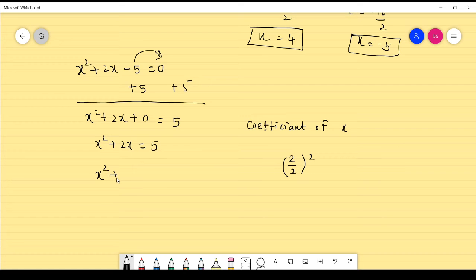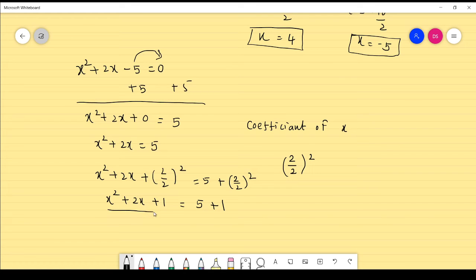Keep x square plus twice x as it is, and add that square term on both sides of the equation. So 2 by 2 is 1, and its square is 1. I'm going to write that again: x square plus twice x plus 1 square, that means 1, will be equal to 5 plus 1, where 2 by 2 squared is nothing but 1.